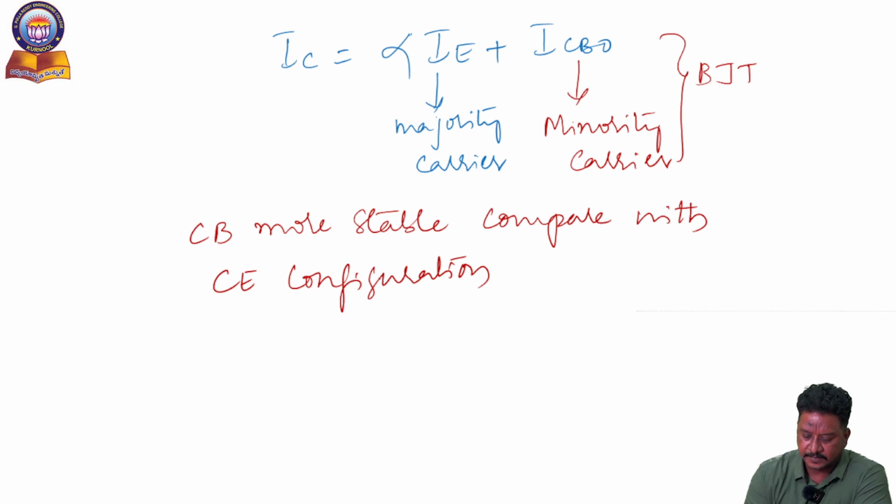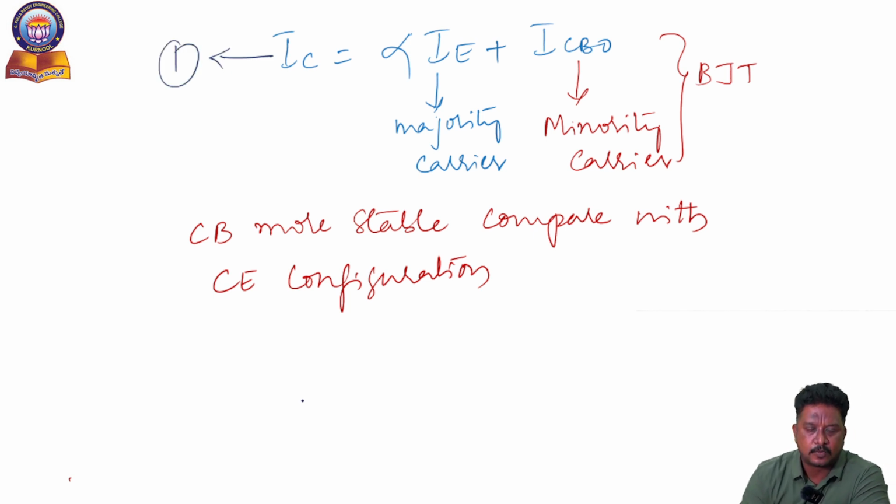In that process, first I am trying to find the stability factor. So I am taking the current equation of the common base configuration. Currently I am concentrating on the common base equation. For the stability factor, consider this as equation 1.